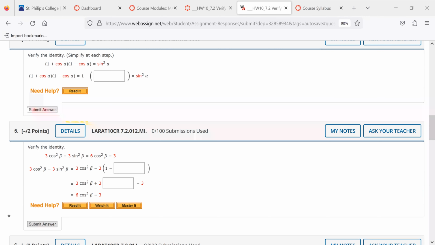So I'm going to choose the left-hand side, like you said, because you usually want to choose the most complicated side. And you can see they kind of already hinted at this.